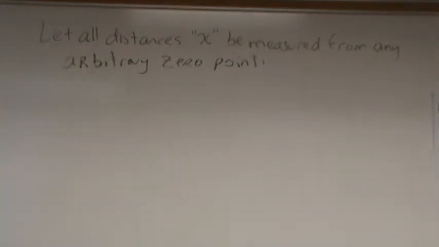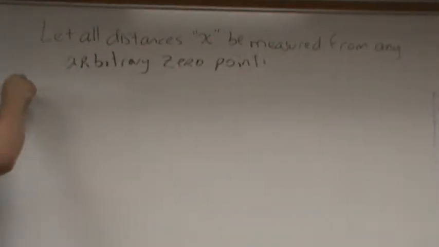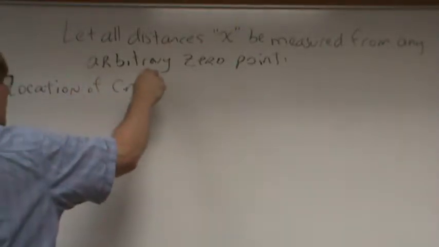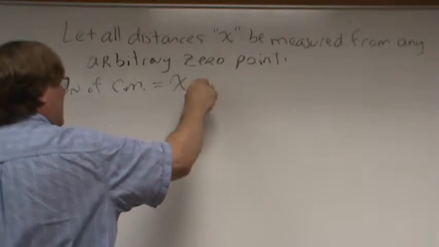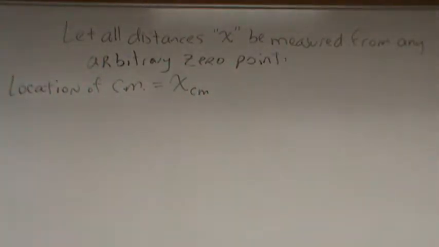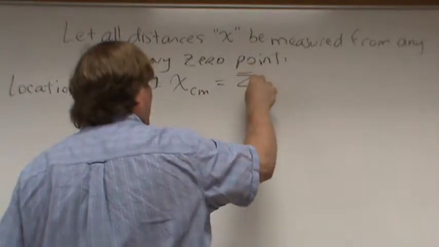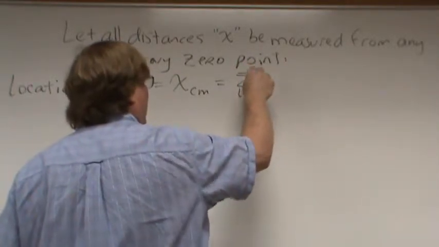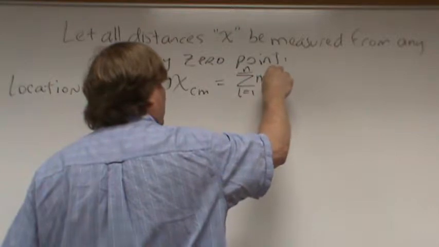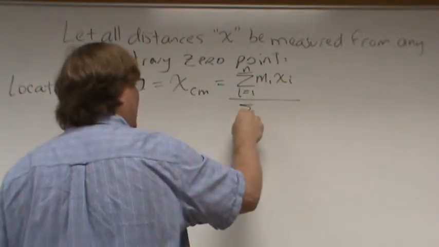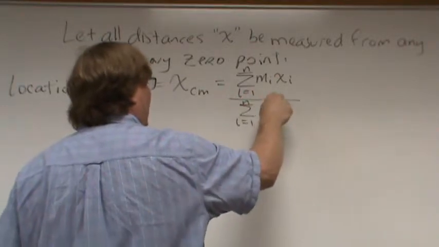We get this: the location of the center of mass, which I'm going to call x sub cm, x meaning the location, like the meters or whatever, cm meaning center of mass, ends up equaling the sum as i goes from 1 to n of m sub i x sub i, over the sum as i goes from 1 to n of m sub i.